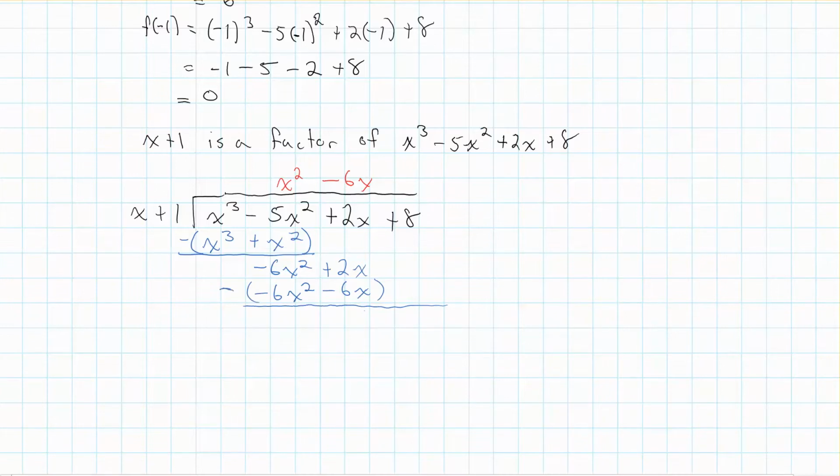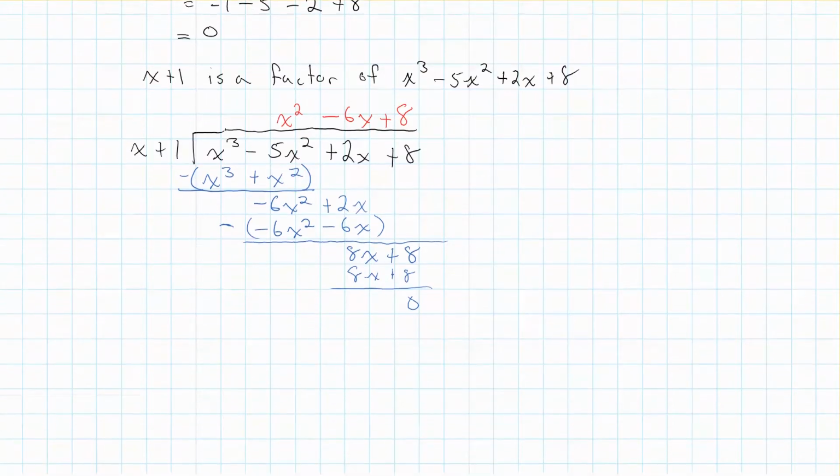Again, subtract, and you'd wind up with 8x plus 8. The last one would be plus 8 then. And so you'd have 8x plus 8, and then subtract, get a remainder of 0, which we already knew we were going to get.